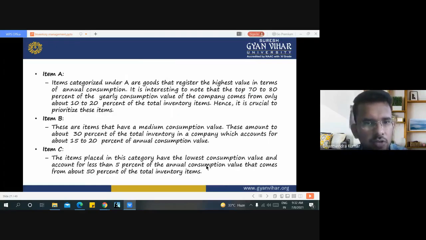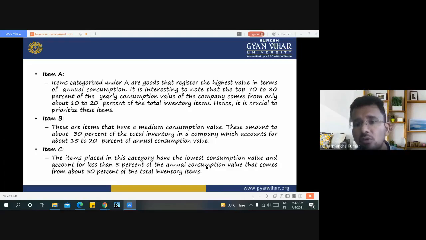These are also descriptions according to the percentage of money invested in overall inventory. Item A is categorized under the goods that register the highest value in terms of annual consumption.